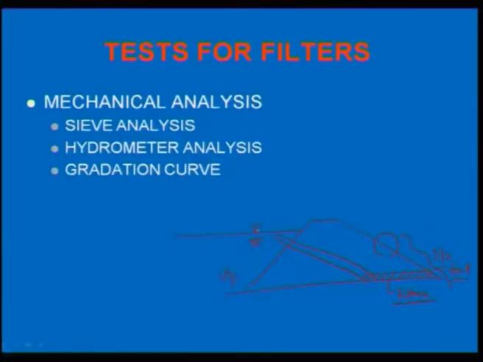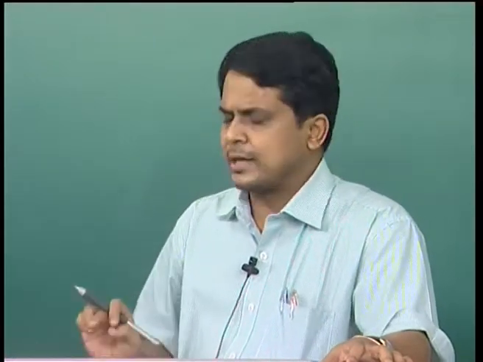So, water will collect from upstream, flow inside the dam, be collected in the filter and be safely discharged here. That means we are not allowing water to flow freely inside this dam. It is allowed to flow and is collected by means of filters. So, these filters are required for geotechnical testing purposes also. It is related to your coefficient of permeability.